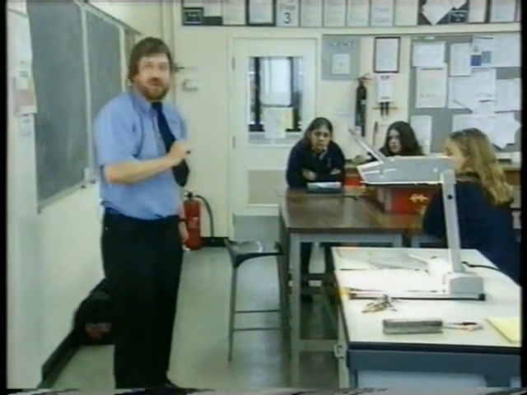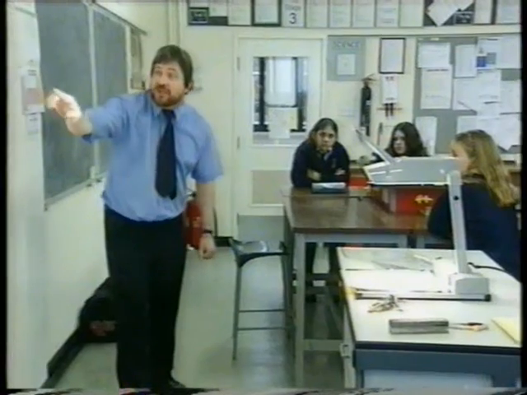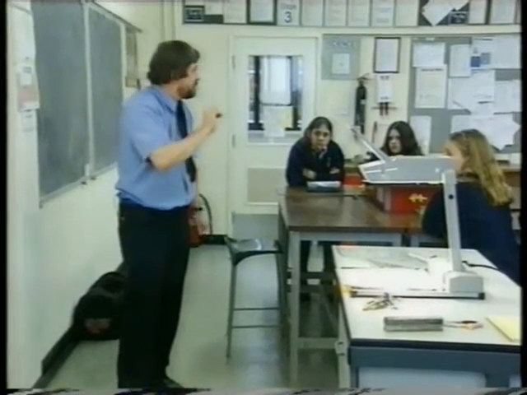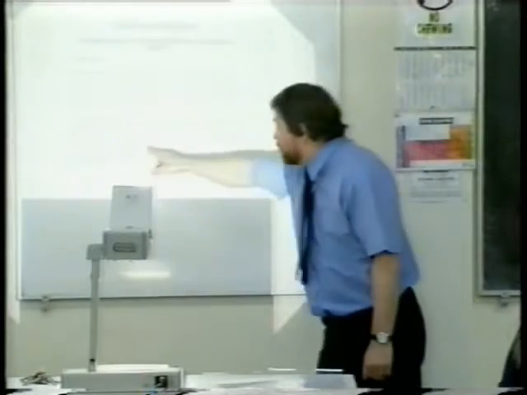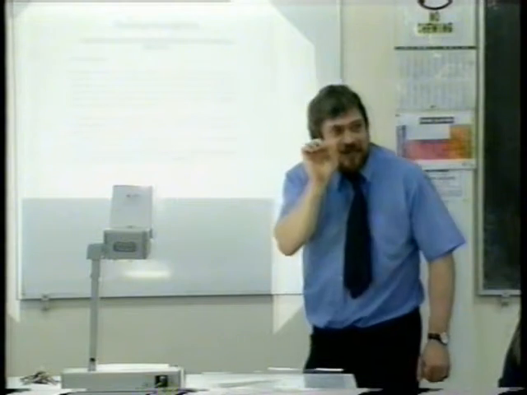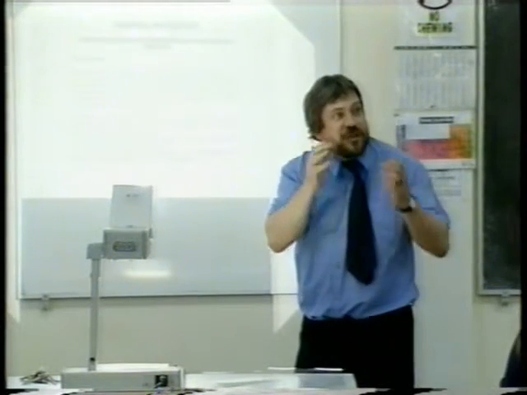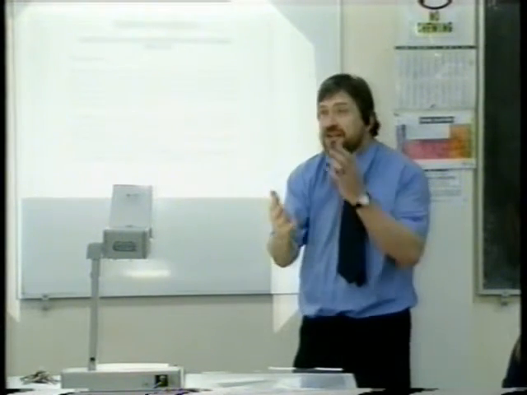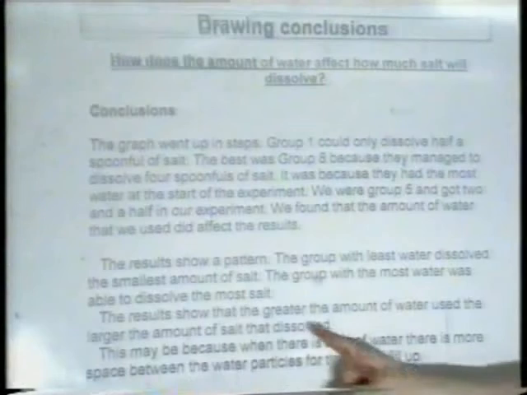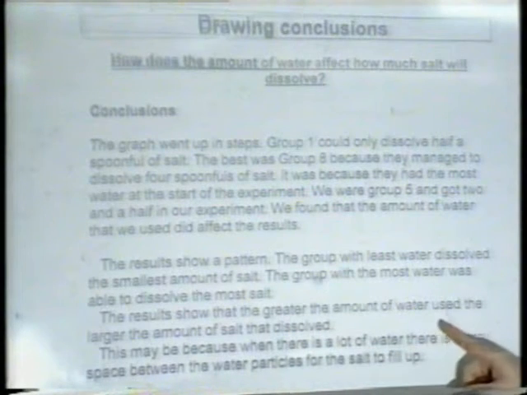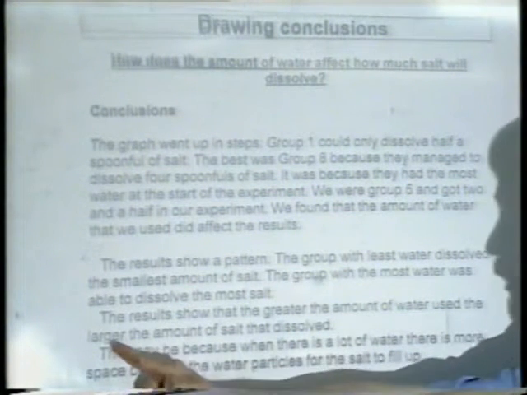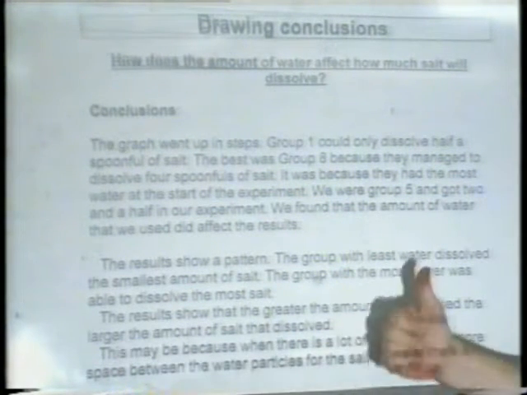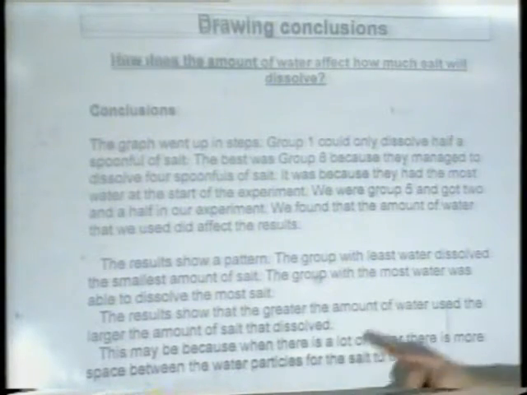The group with the most water was able to dissolve the most salt. The results show, and this is the key sentence, we've got to use describing words, words that end in ER. The results show that the greater the amount of water used, the larger the amount of salt that had dissolved.